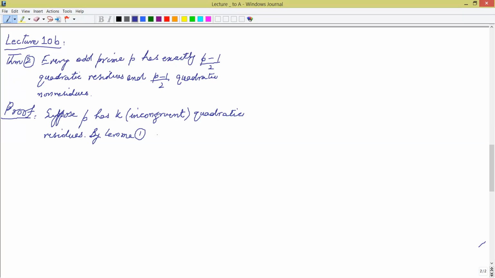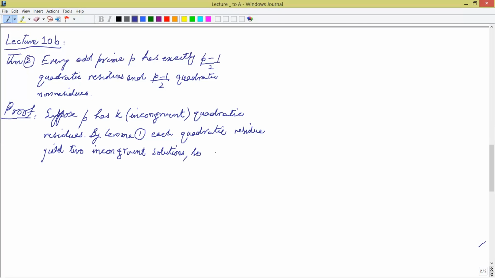By lemma 1, each quadratic residue yields two incongruent solutions.